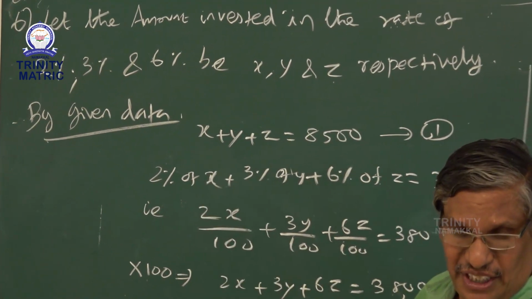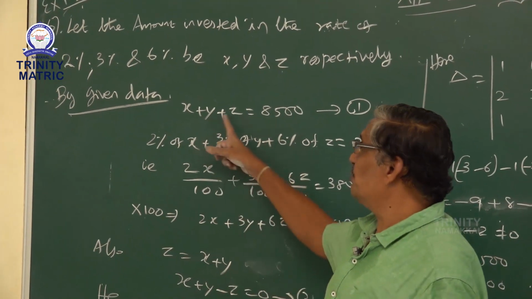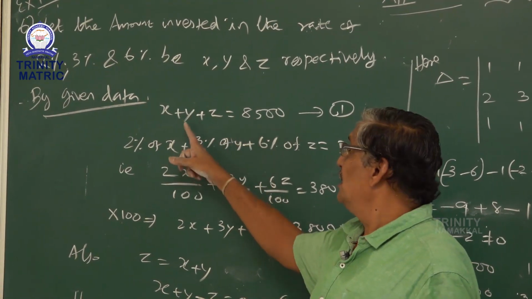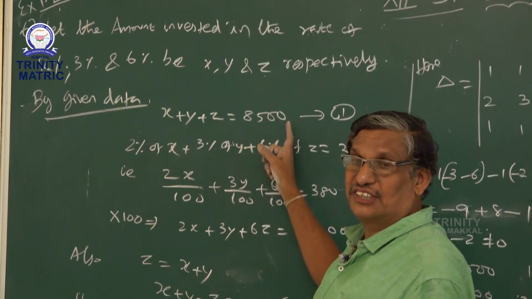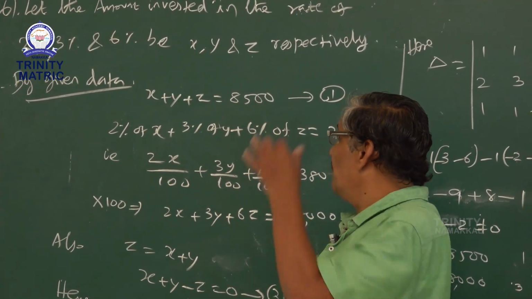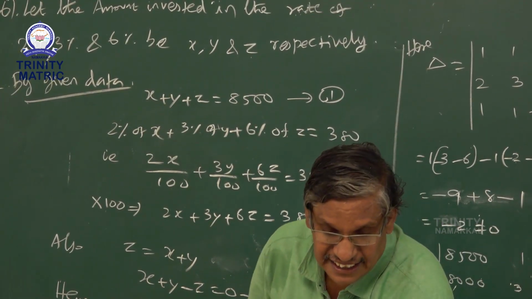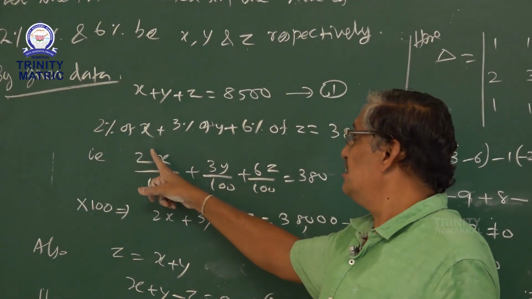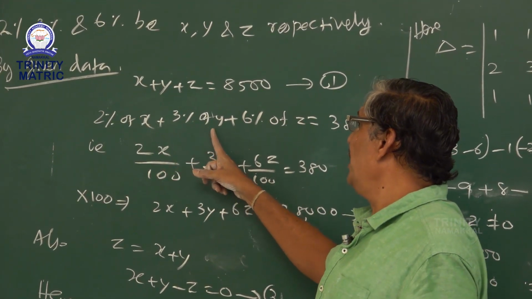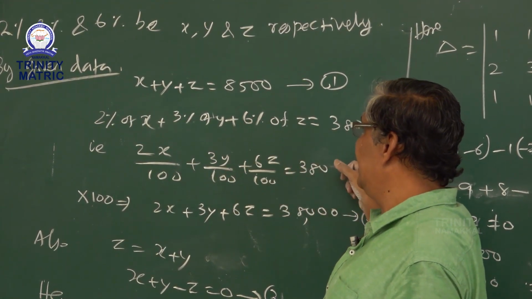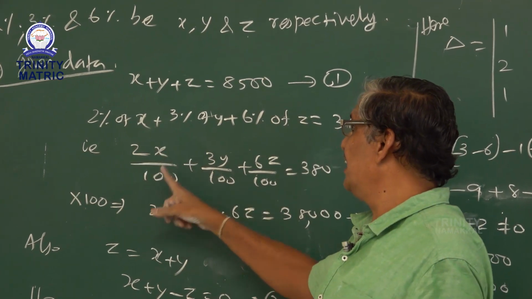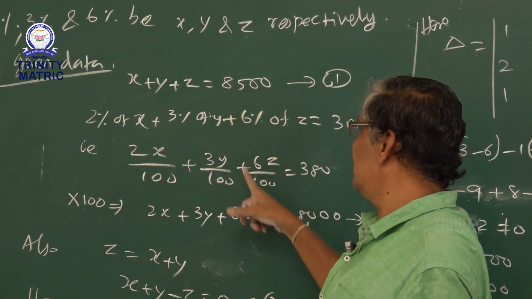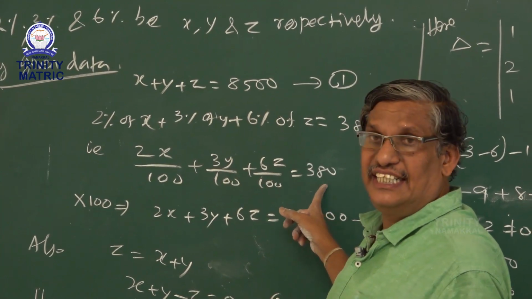So while reading the question, you can find the total investment is 8,500. So x plus y plus z is equal to 8,500. Next, what interest are they getting? The interest is 380 rupees. 2% of x plus 3% of y plus 6% of z is equal to 380. So 2x by 100, 3y by 100, 6z by 100 is equal to 380.